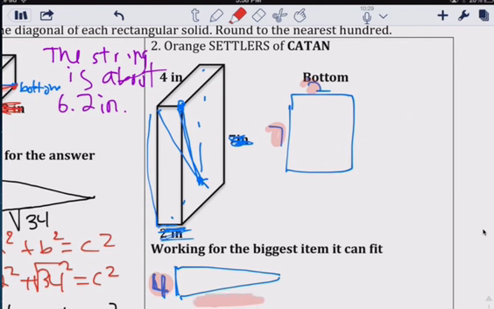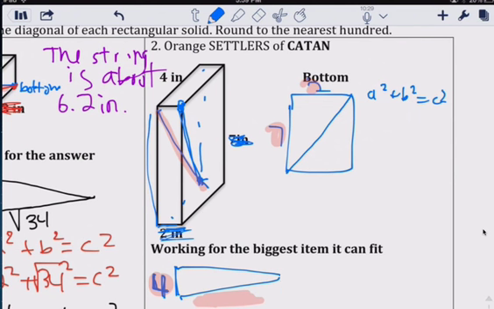You need to find this one. That one is the same as this one here, which is the same as this one here. So we need to find C there. In order to do that, you need to do a squared plus b squared equals c squared. That's 7 squared.